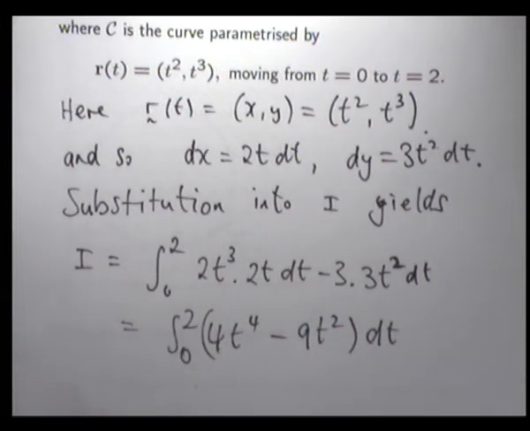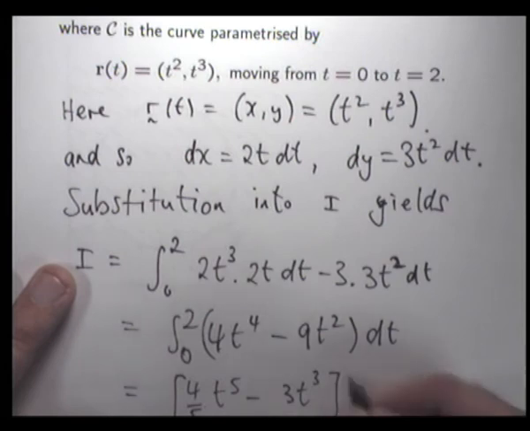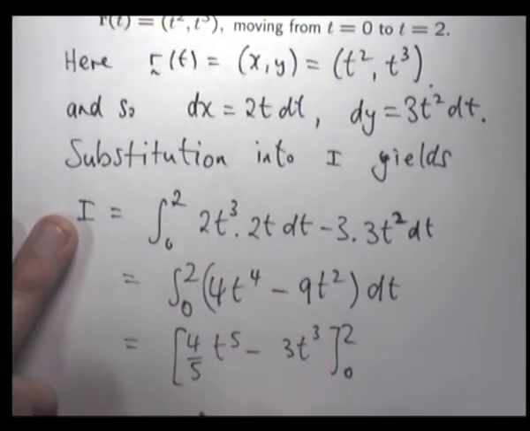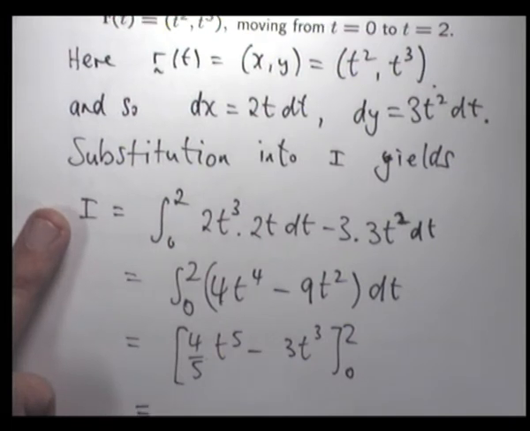Okay? So it's pretty easy integration from here, nothing difficult. We've reduced the evaluation of a line integral down to a simple integral that we know how to integrate. Okay, I get something like 8/5.